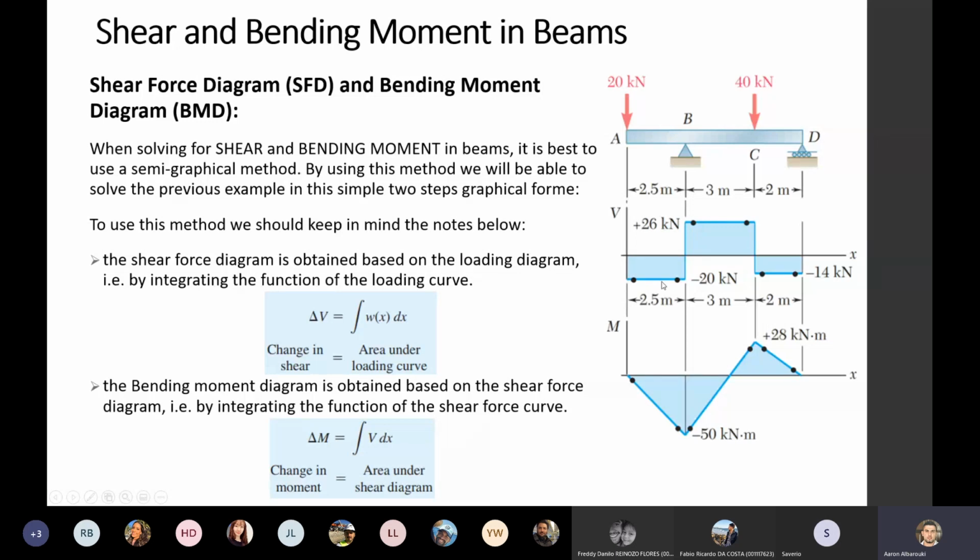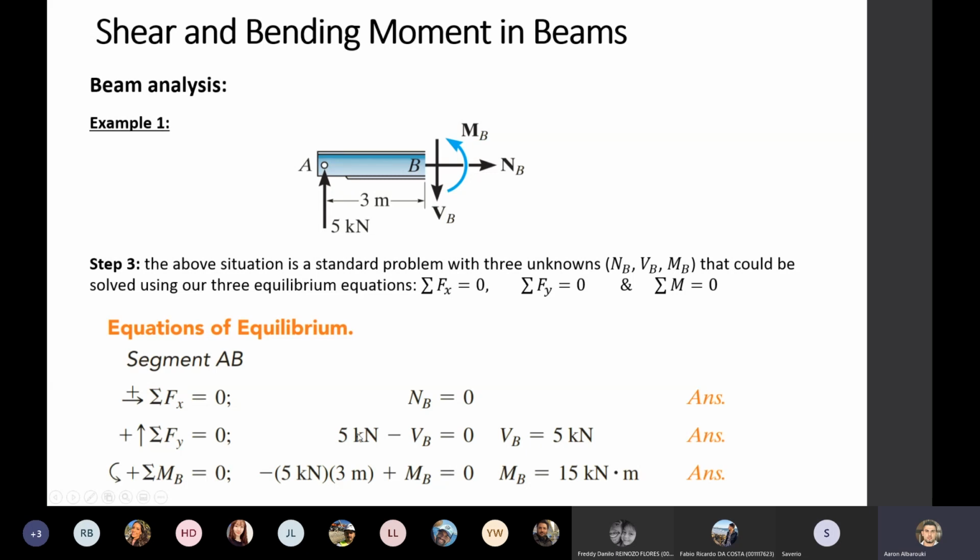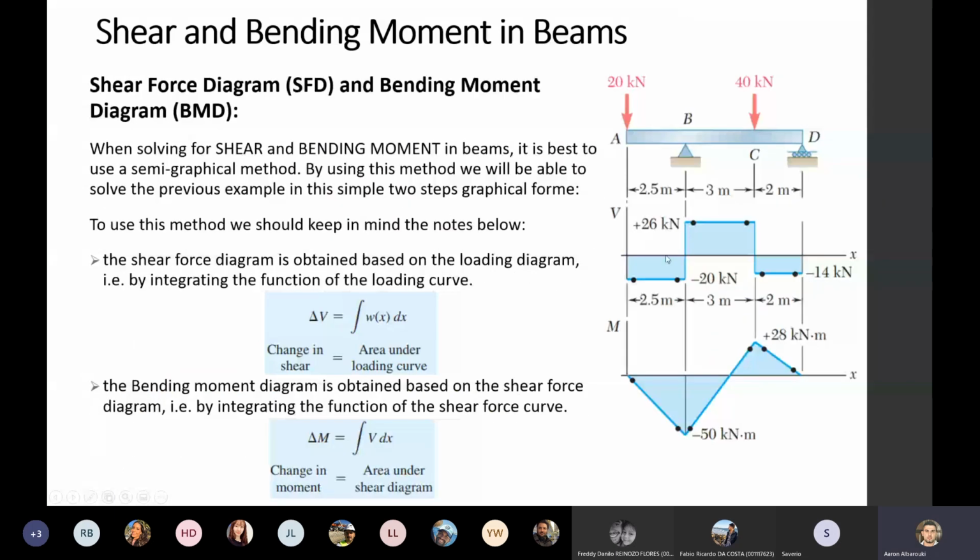You remember when we calculated the shear force from this beam at point B, which is 5 kilonewton. So if I need to ask about the shear force value at a point here, let's say A, B, C, D, E. Let's say there's a point E here. I need to find the shear force value there. I could either take a section at this point, or just look at the shear force diagram.